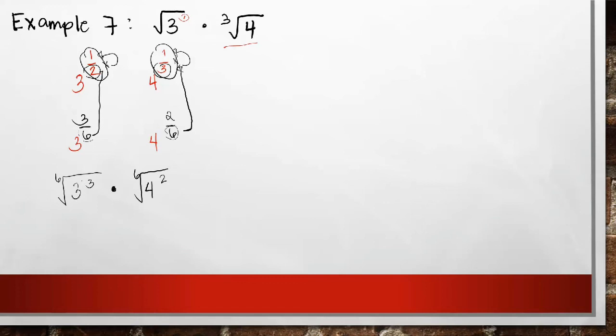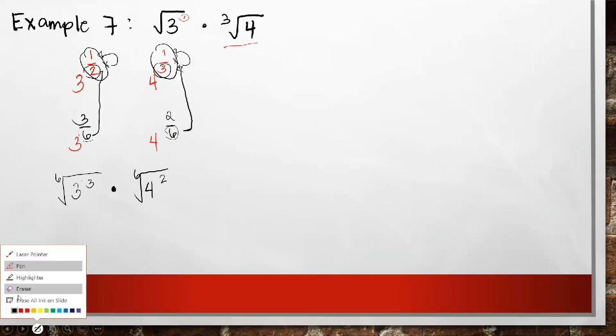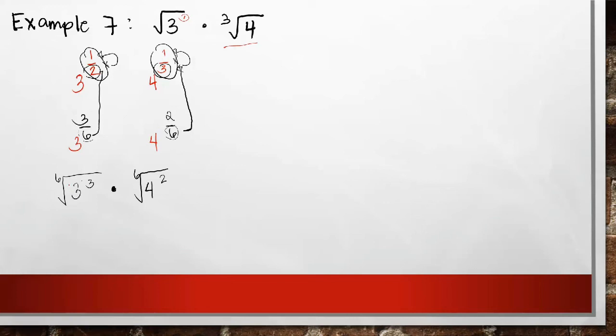Since we have discussed already that if the exponent is greater than the index, then we can simplify it. But since our exponent is a smaller value than our index, what we are going to do is simplify our radicand first. So therefore, we are going to simplify the 3 cubed and 4 squared.